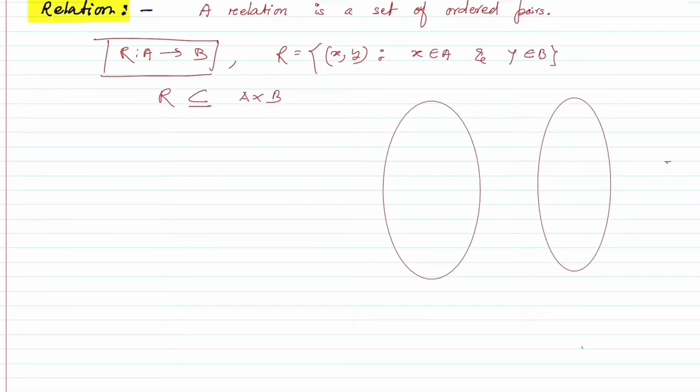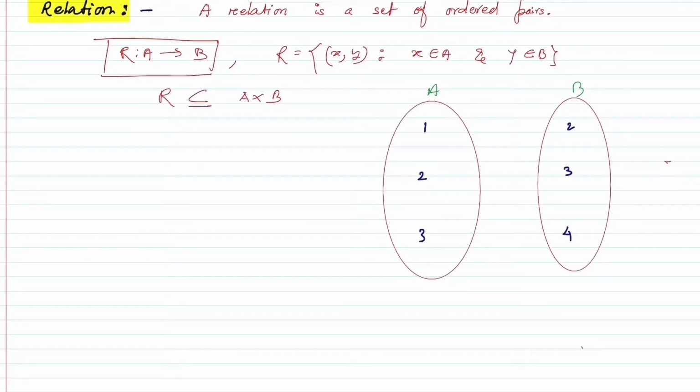Suppose we have two sets, one is A, another is set B. Set A contains elements, suppose 1, 2 and 3, and set B contains 2, 3 and 4.